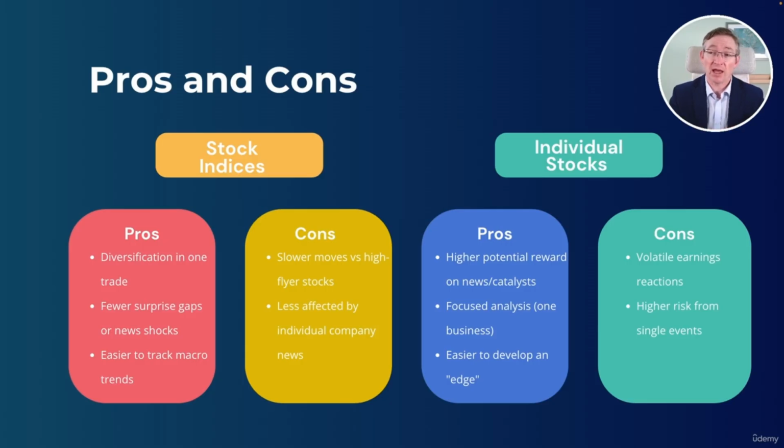So be aware that individual stocks do come with higher risk. Also, because it's just one company, you are more vulnerable to event risk. Say all of a sudden there's a new technology that makes a company obsolete. Then if you're just invested in one company, it's very vulnerable not only to upside surprises, but also to downside surprises.